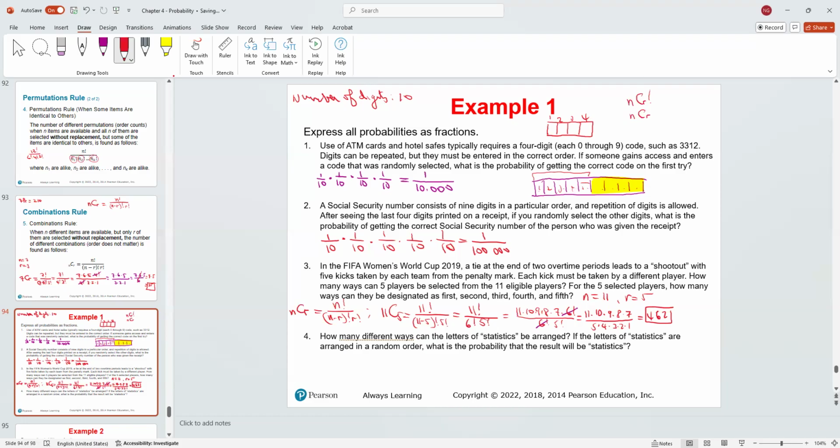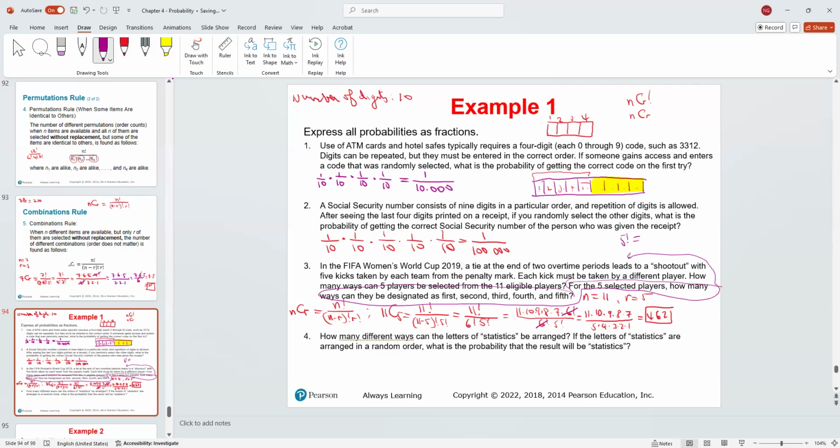And also, for the five selected players, how many ways can they be assigned as first, second, third, fourth, and fifth? So very simple. Remember, you have five players you want to assign. I put it here as 5 factorial.